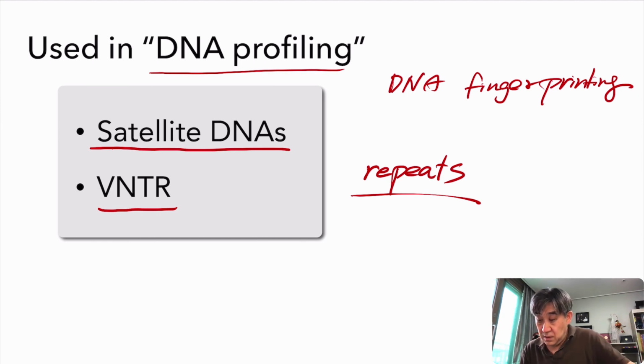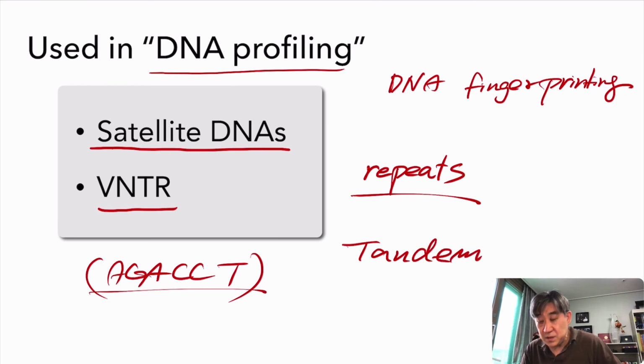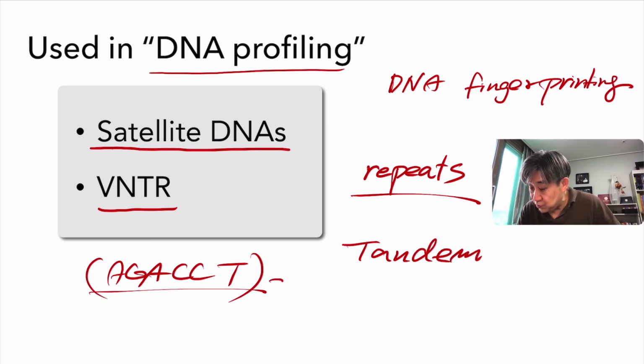Regardless of whether it's a satellite or VNTR, the length or kind of sequence motif may be different, but basically, for example, if AGA-CCT is the unit repeat, this AGA-CCT sequence appears in tandem in many repeat units, like 20 repeats, or 40 repeats, or 30 repeats.